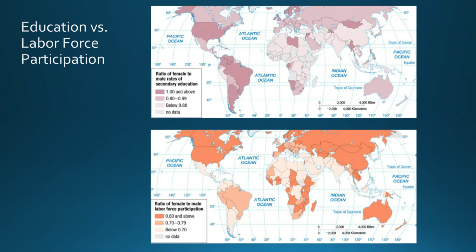And then with regard to gender equality, we can also look at education versus labor force participation. Many educated women are not in the workforce, especially in the United States and in Europe. There are many women who get plenty of education and do not work.